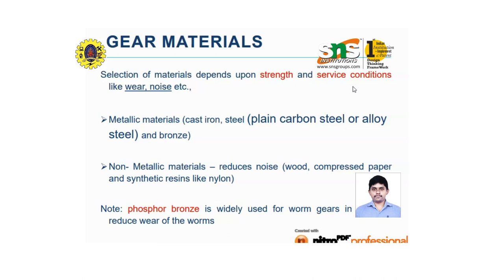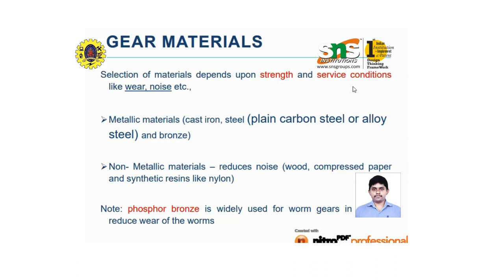Okay, for example, the non-metallic gears are a little bit different when compared to metallic gears, that is plain carbon steel, or otherwise if you are using the alloy steel and bronze. Okay, these non-metallic materials can be used for noise reduction.